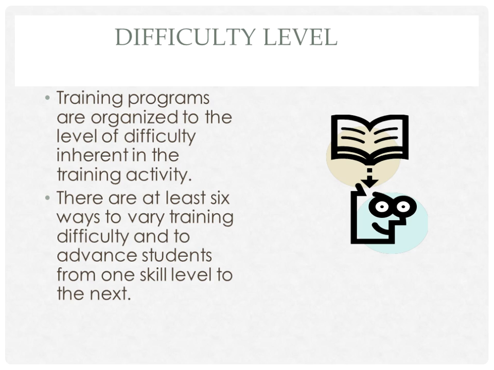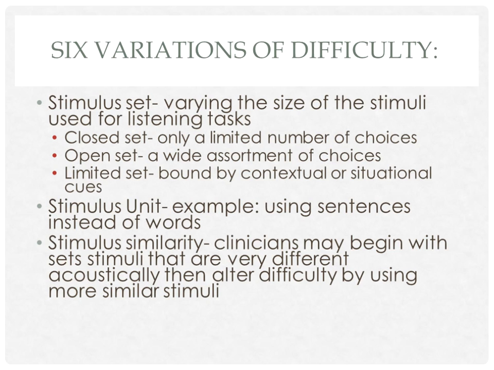We want them to get benefit from their devices, feel confident that their devices are in fact helping them. So we do want to start our training at a level where they can achieve some success, and then quickly, if we can, move them to more difficult levels.